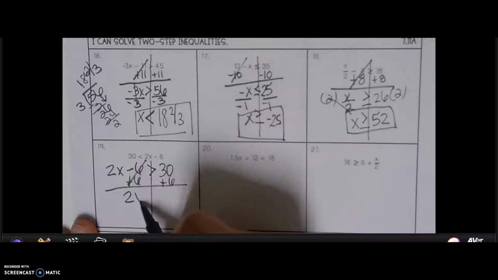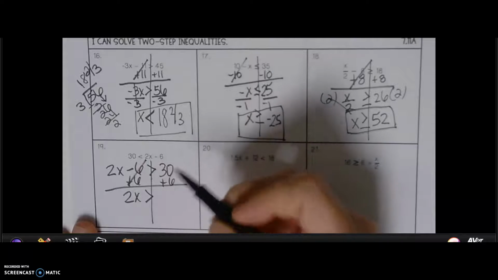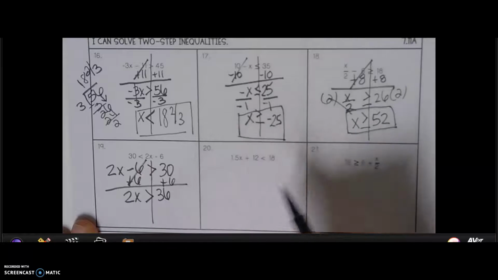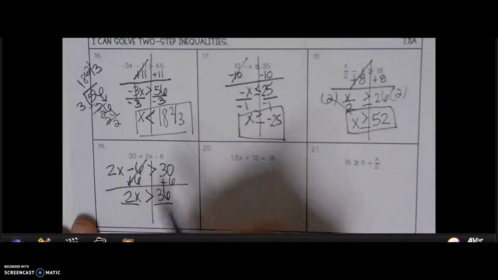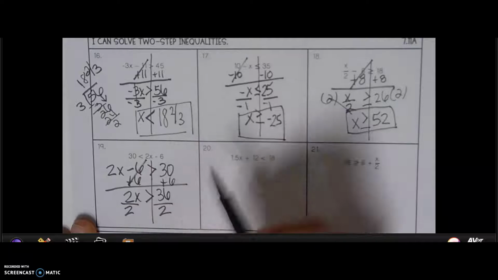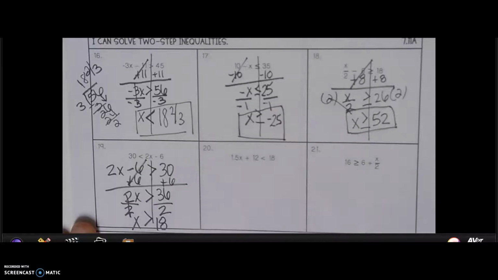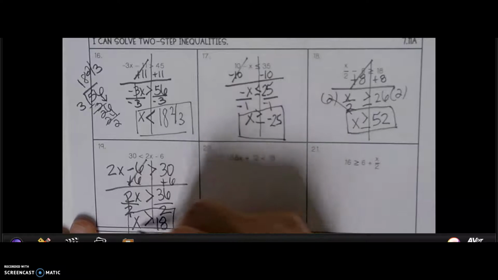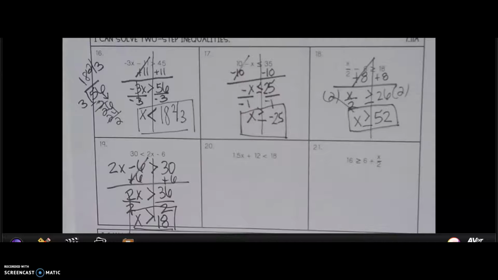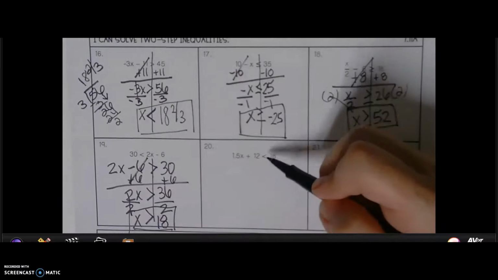That'll give me 2x is greater than 36. I would divide both sides by 2. That'll give me x by itself is greater than 18. So any number that is greater than 18 would fit this inequality, would be a solution to this inequality.